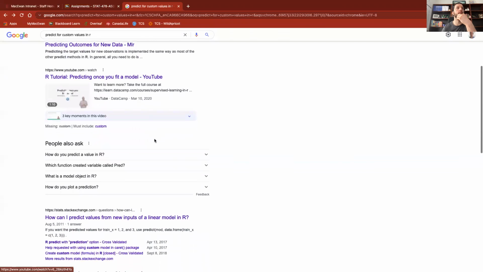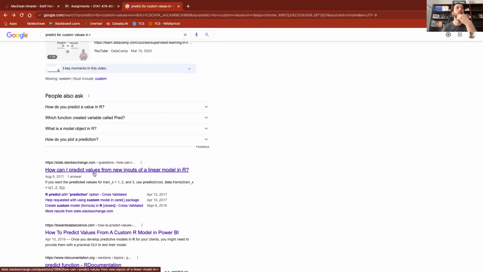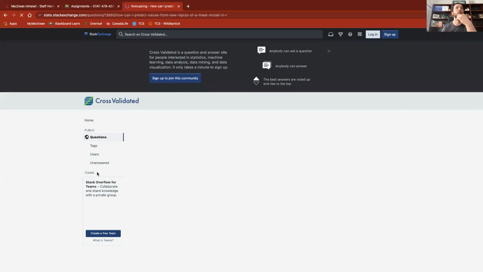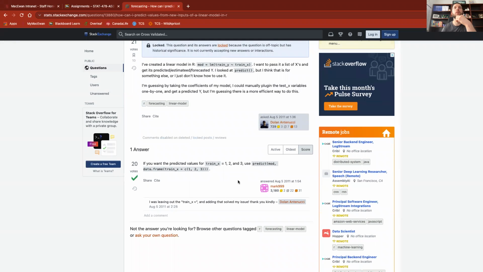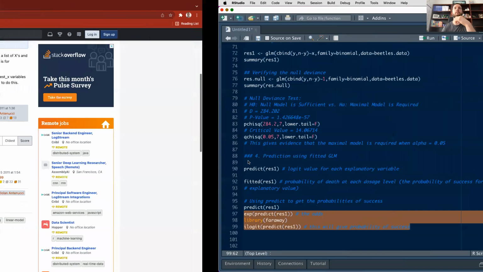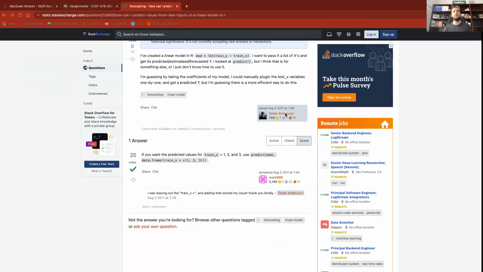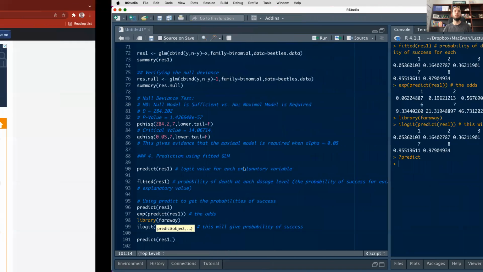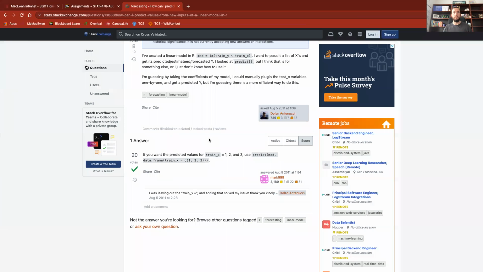I think you have to do it using a data frame. Okay, so I think we can do it like this. So if we go predict res1, and then we were to go new x equals, and then I think it has to be a data frame.